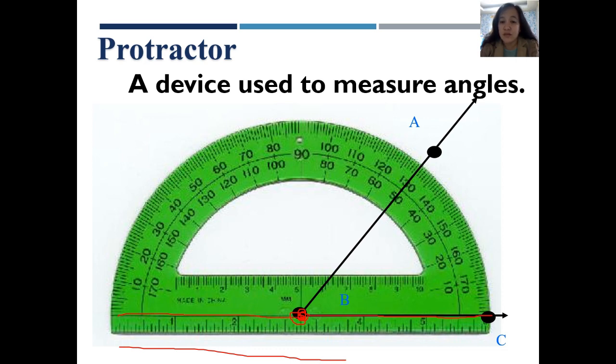Then, starting from 0, look at your given protractor and determine where the other side of the angle is positioned. As you can see here, it stopped at 50 degrees in the given protractor. Therefore, this angle ABC or angle P is a 50-degree angle.